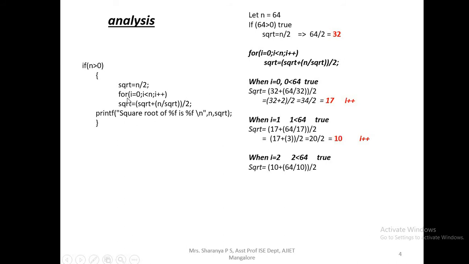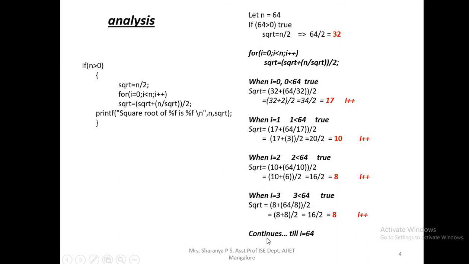The one major thing here is to remember this particular statement, that is to find the square root of a number. Next with I equal to 2 and I equal to 3, and like this it will keep processing and finding the final result of a given question. This is one kind of the analysis that I have discussed.